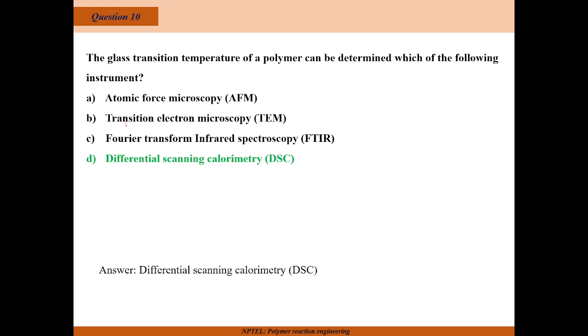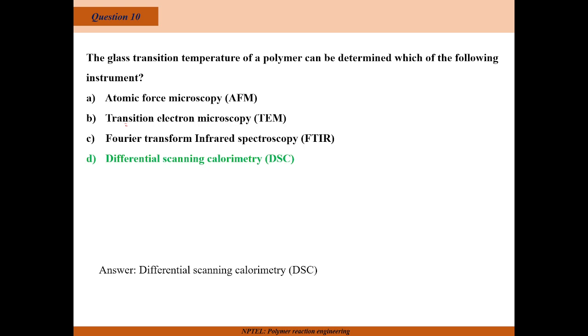SEM would give us something like a photograph, and TEM is like an X-ray. It gives information about what is happening inside the material, within the bulk of the system, whereas SEM would give us the surface morphology of the system.